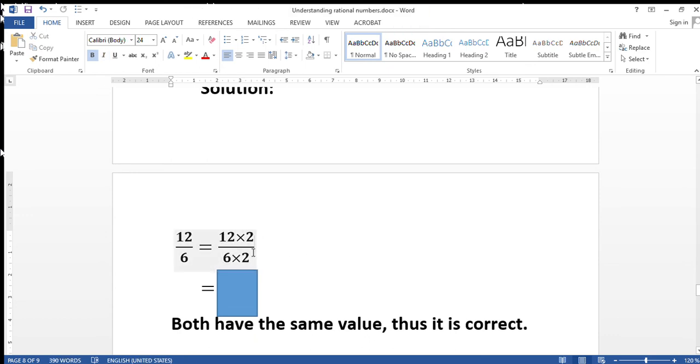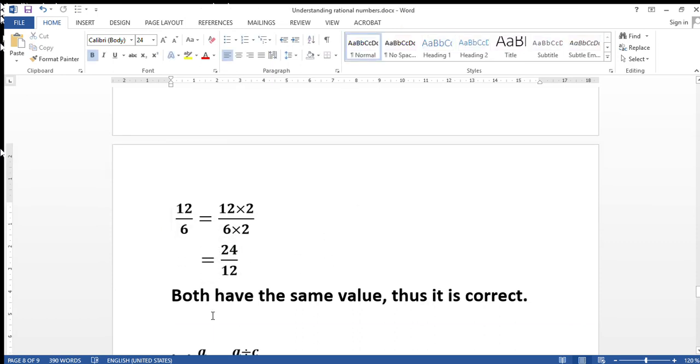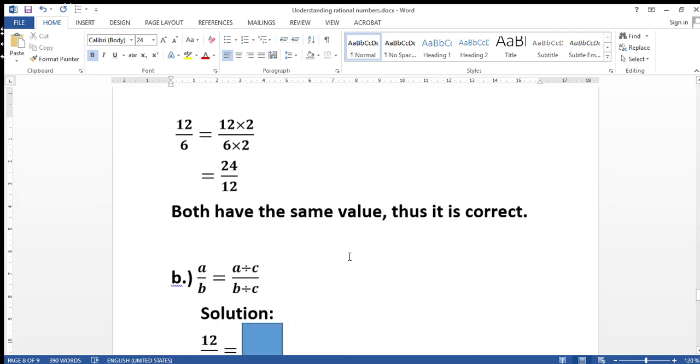So we have 12 times 2 and 6 times 2, that is 24 over 12. Now both have the same value, thus this fraction is correct. Because if we simplify or reduce it to the lowest term, it will return as this fraction here. So that means that's correct.